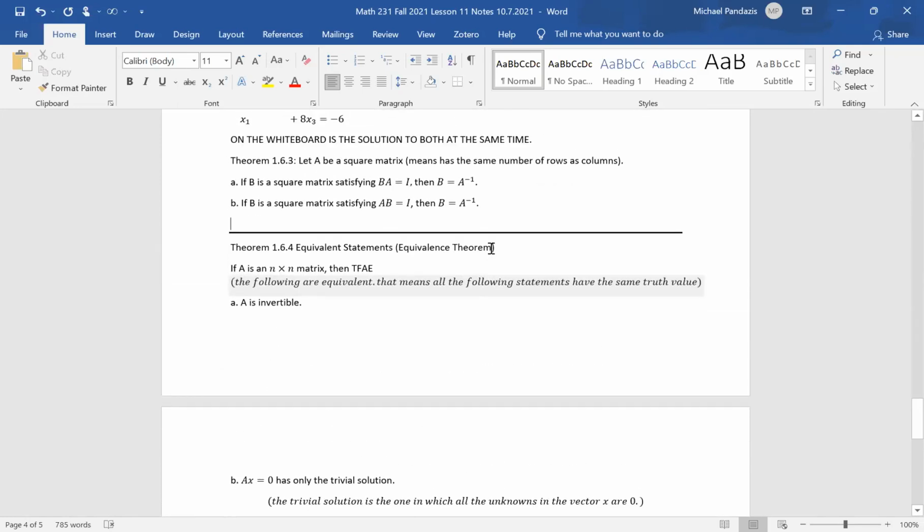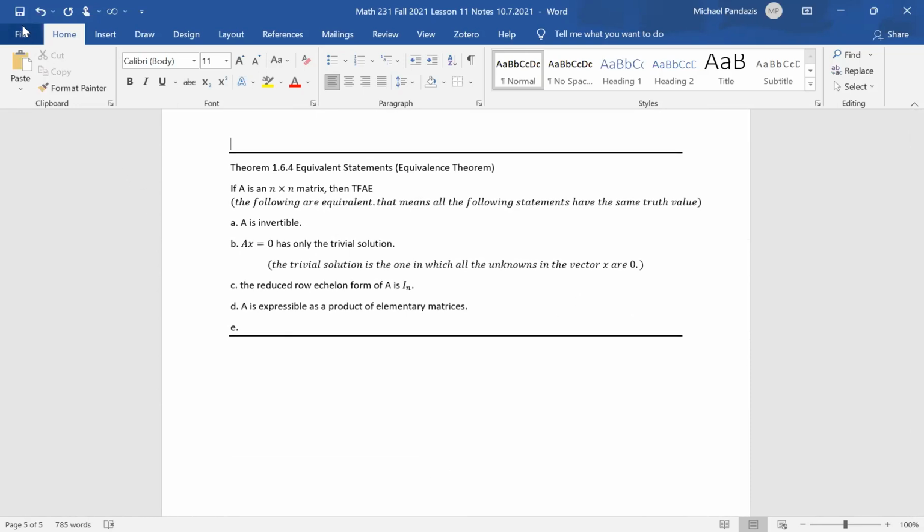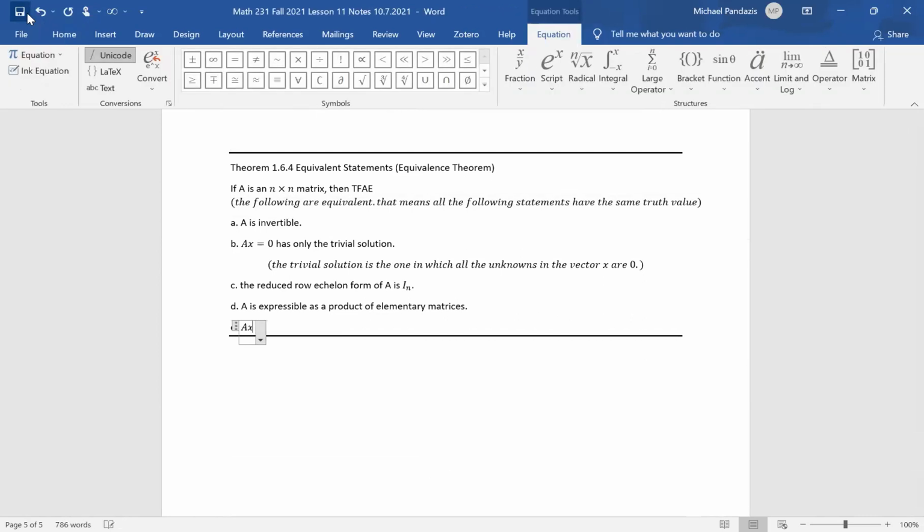So the equivalent statements theorem starts with these four, right? These four are equivalent, as you already saw, and now I'm just going to add more statements to the theorem. So this is also equivalent to all the other ones, making it an even more powerful theorem.